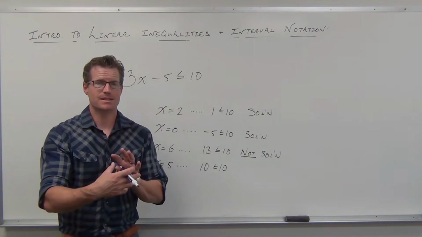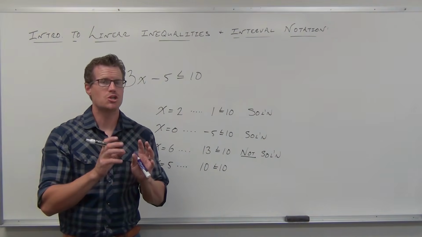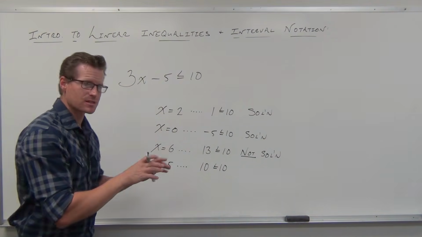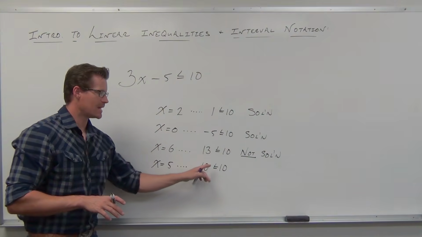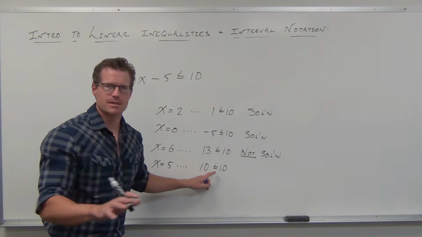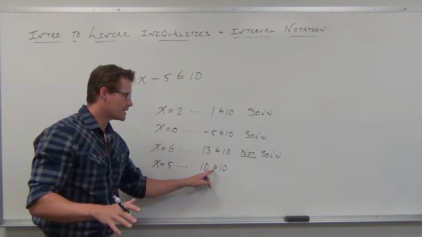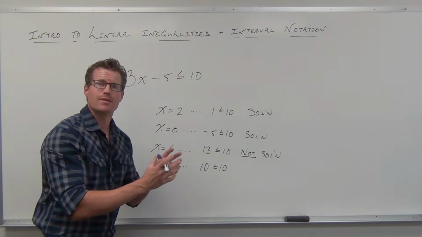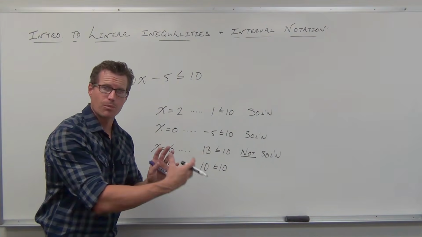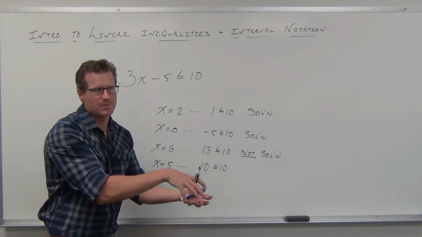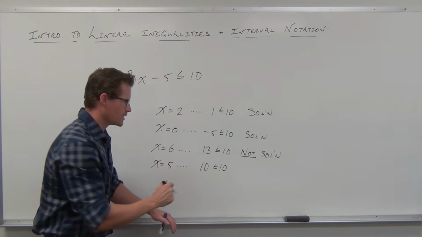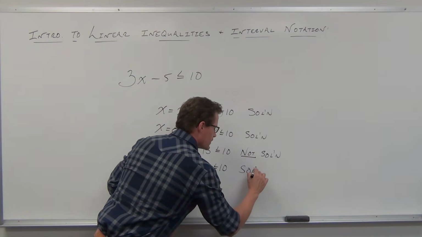If not, then the one number that makes the two sides equal is not part of your solution set. So in this example, 10's not less than 10, I get that, but this equal sign allows that equal part of it to play part of the team, to be part of the solution. This would be a solution.